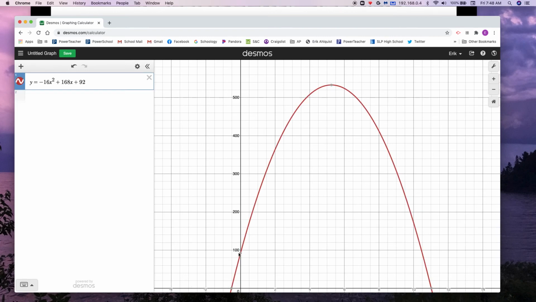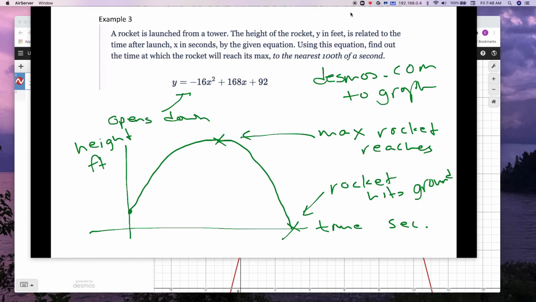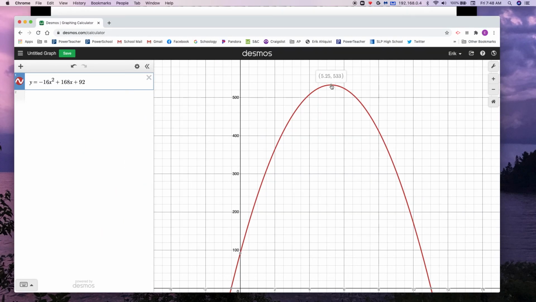We know the rocket actually started at a height of 92. So if I go back, this was 0, 92. So the rocket started at a height of 92. That's how tall the tower was.